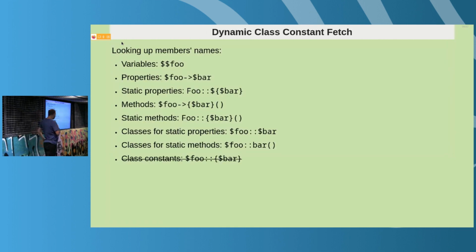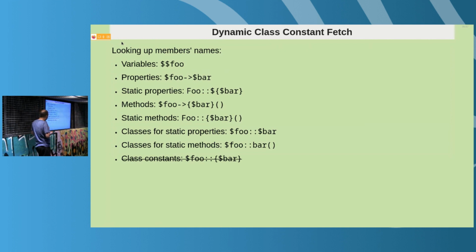Right, and then the last thing that I don't think is particularly useful, but it is something to make PHP more complete, like we made it more complete by adding the true type, for example, or the null type in places where you couldn't use it. It's one of these things, like you have variables, right? So you have properties. If $bar is the name of a property, you get that property back. You can do static properties by using $, and then in between curly brackets, $ and the name of the static variable.